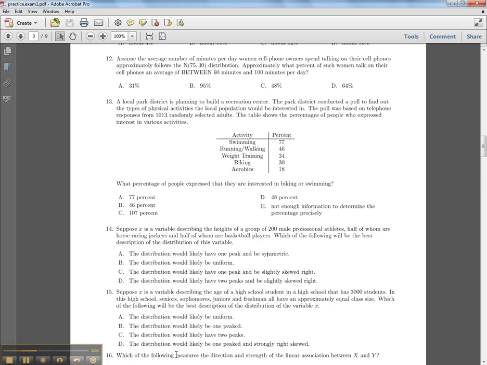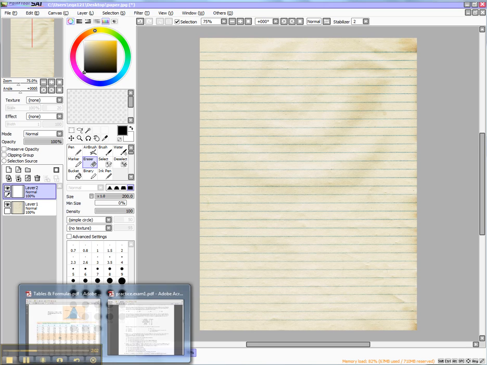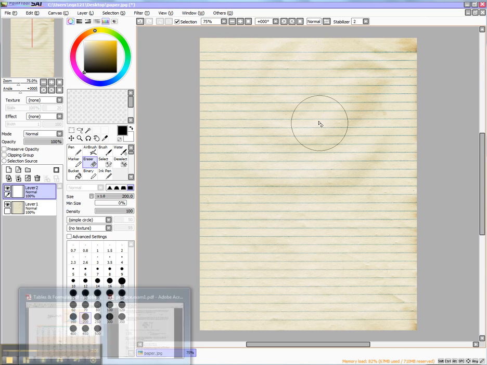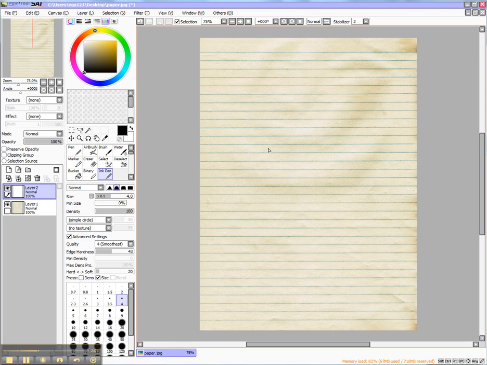And let me show you what it looks like, actually. So you're going to have something like this. You have your average for your jockeys right here, right? And then your average for your basketball players, and then it's skewed to the right.